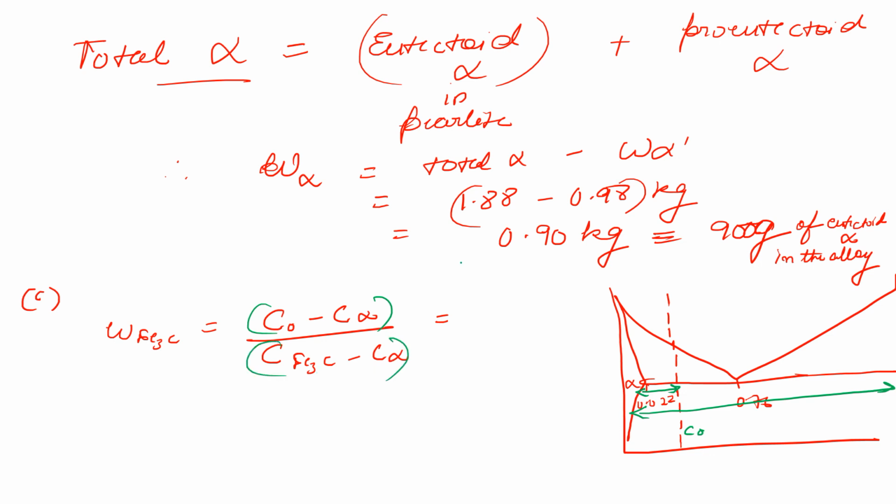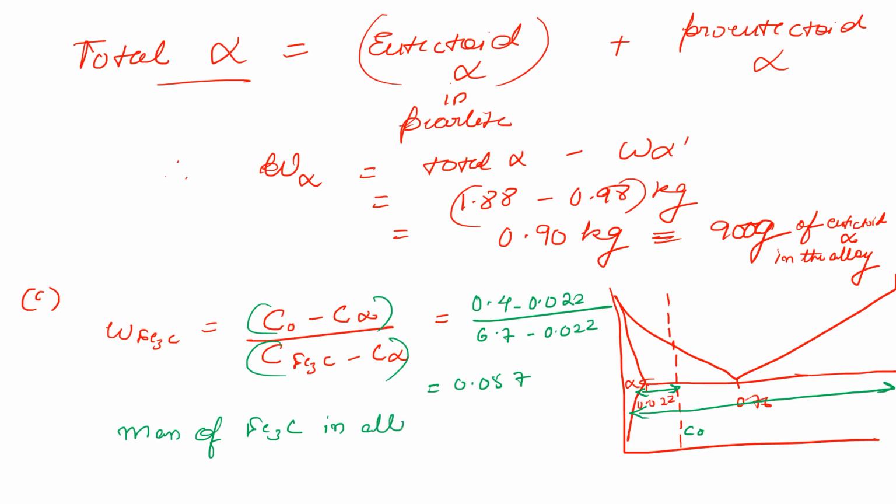So if you plug in the values, C naught we have been given is 0.4, minus 0.022, divided by Fe3C, which is 6.7, minus C alpha, 0.022. That gives me 0.057 weight fraction, and the total mass is given by multiplying this phase fraction times 2 kilograms.